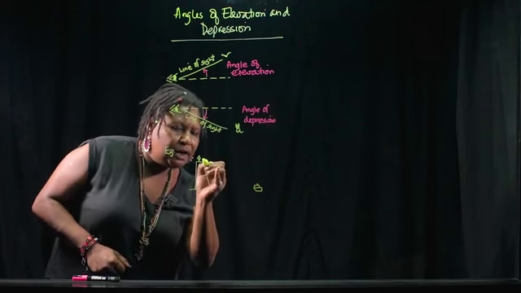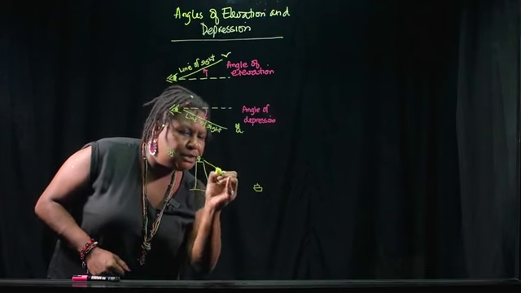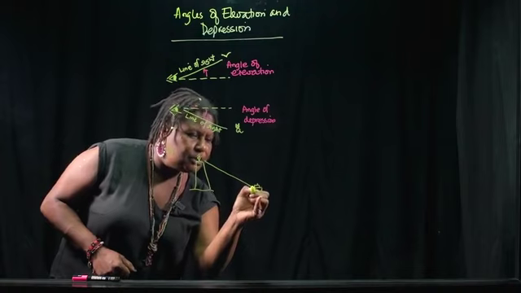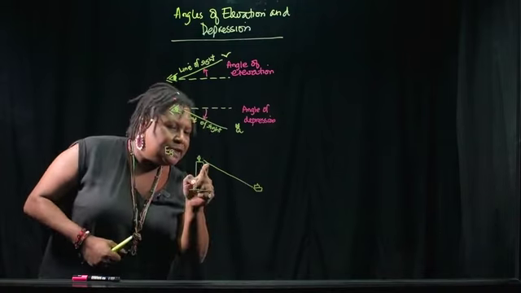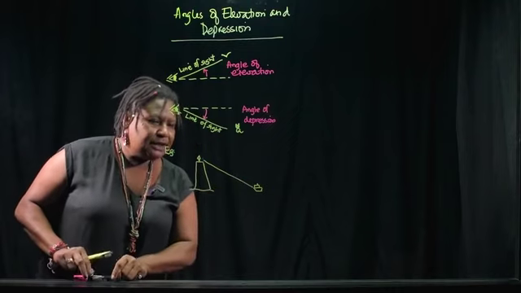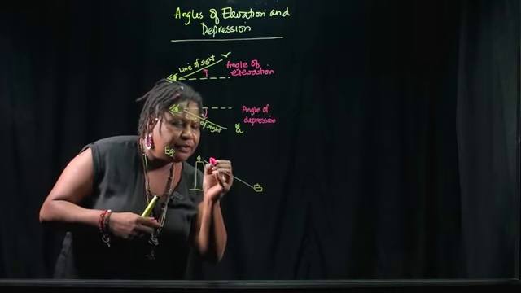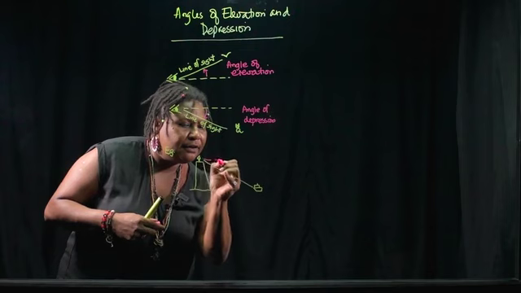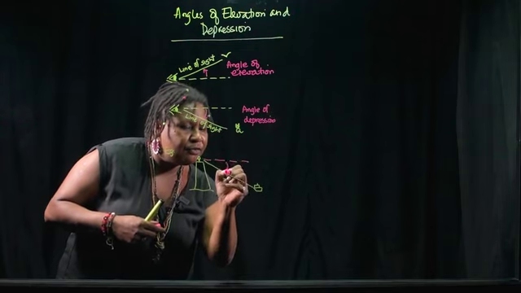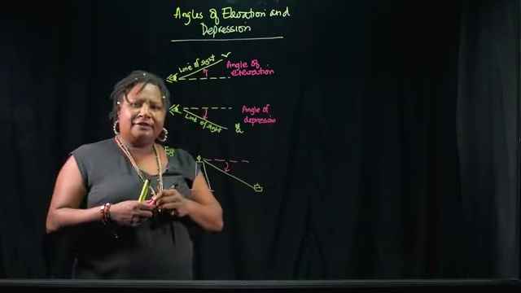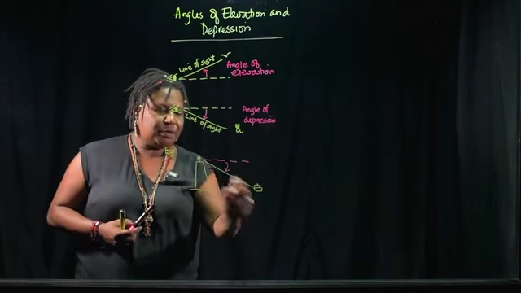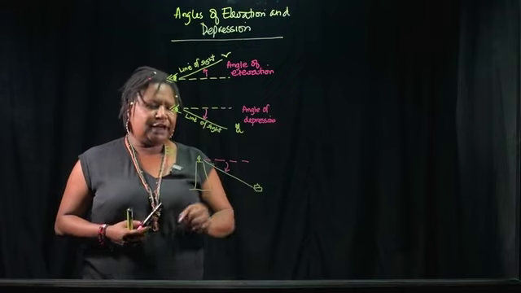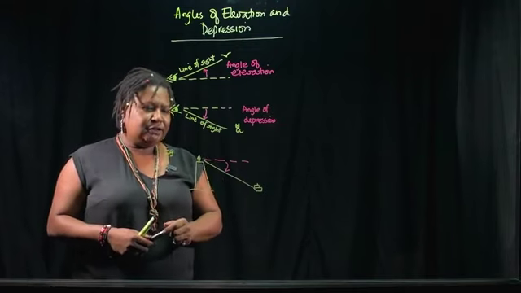As the keeper looks at the boat, his line of sight forms an angle of depression. So here's your angle of depression.